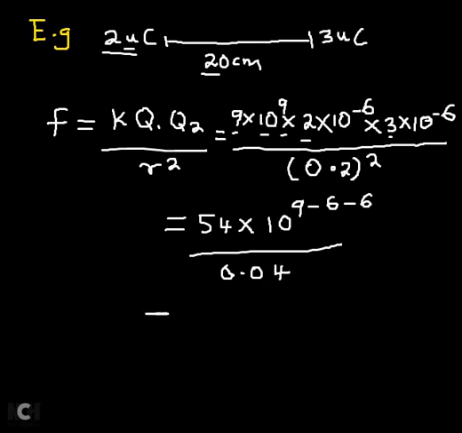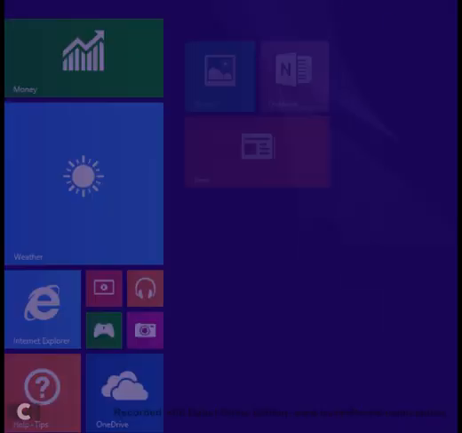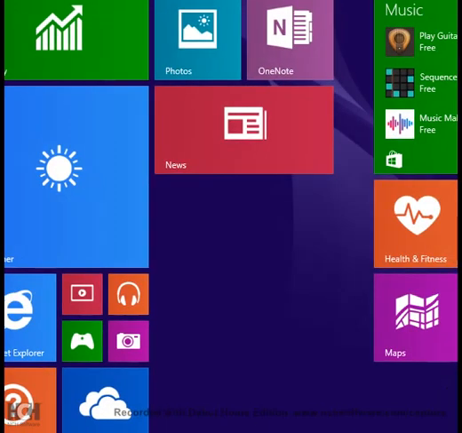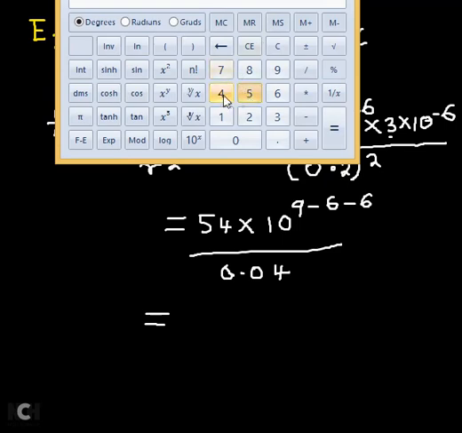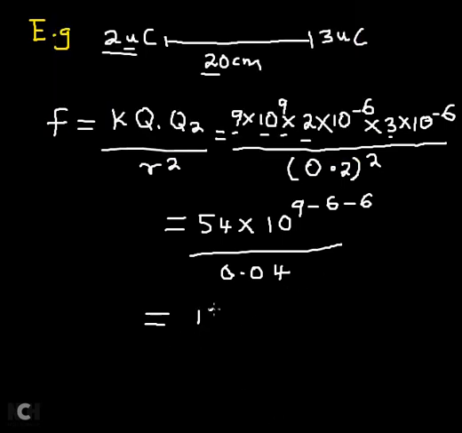So let's finish up. 54 divided by 0.04, I'm going to use a calculator. That is 1350. Then times 10 to the power of 9 minus 6 minus 6. 9 minus 6 is 3, and 3 minus 6 is minus 3.